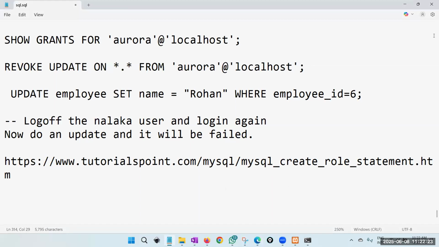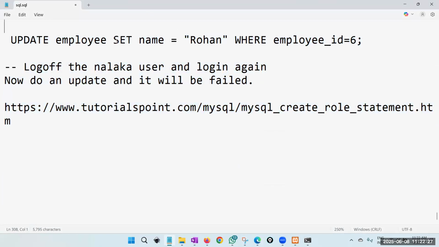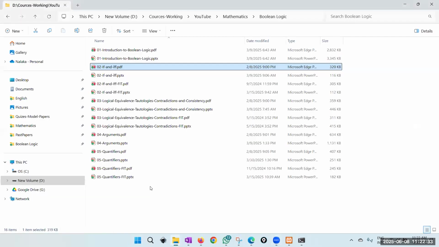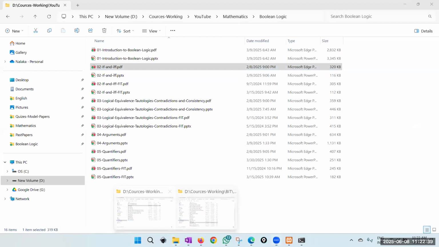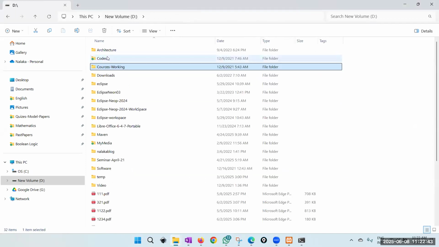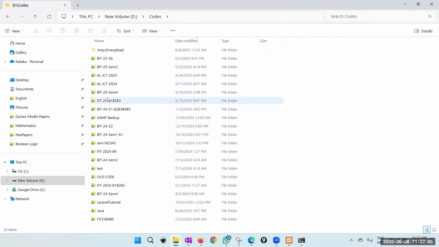Let me give that file to you, otherwise I will forget it. SQL, because it has almost all the code we discussed throughout these database sessions. Now that is the end of the coding, right?